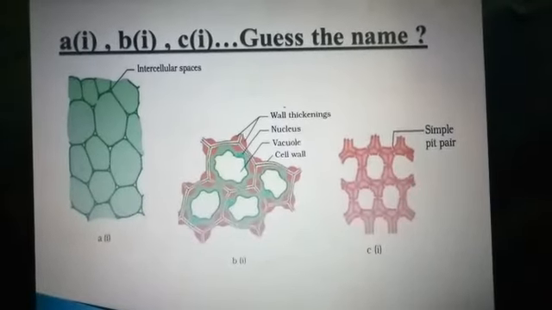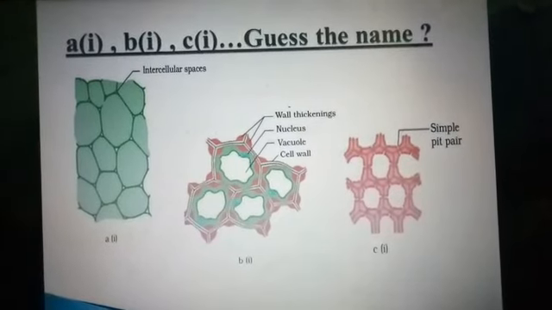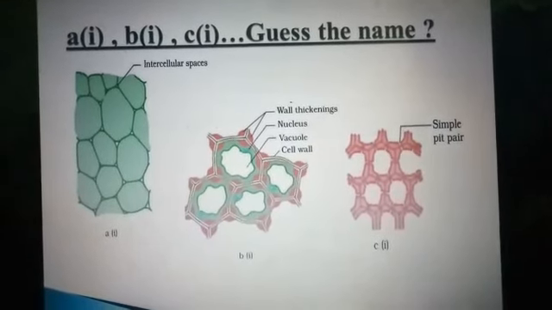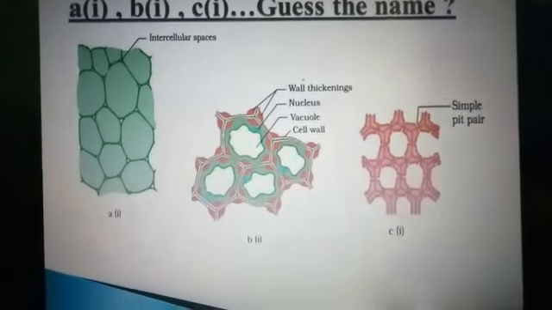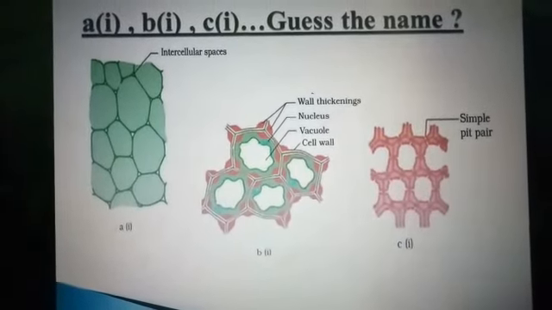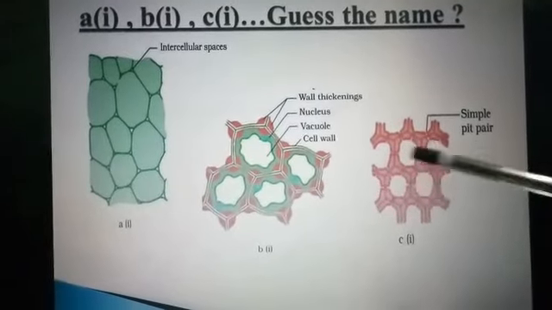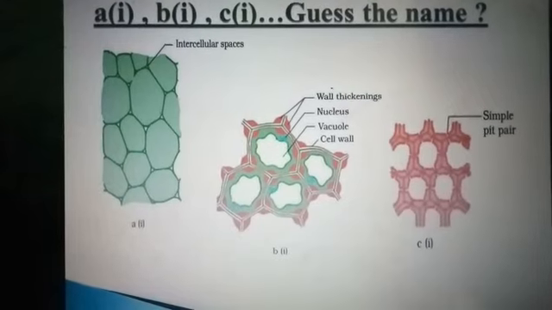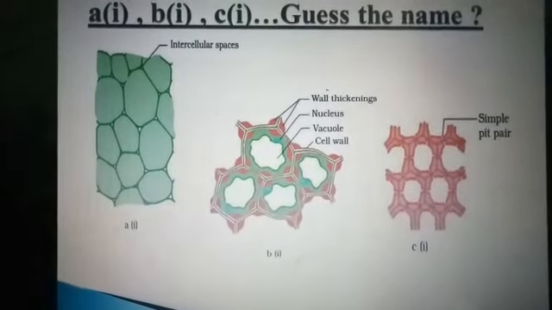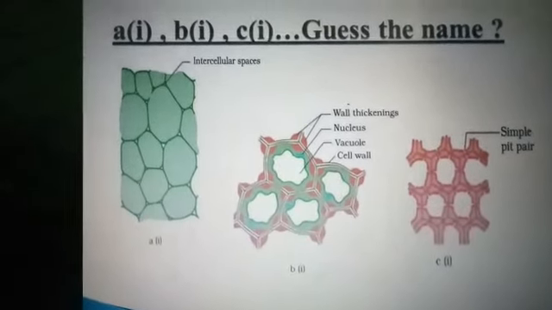Now look at this figure, beautiful figures, a perfect combination of green and red color, and somewhere blue is also there. Blue is for nucleus, correct, and these white spaces are vacuoles. Very good. So next, what are all these figures? Number first figure, just guess.